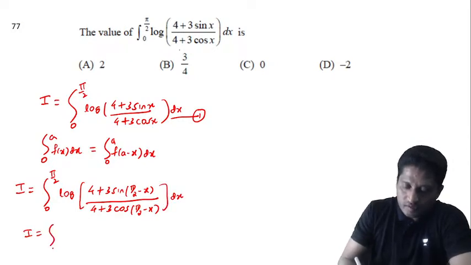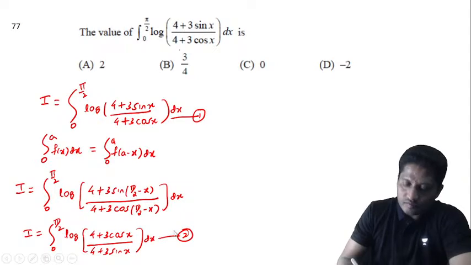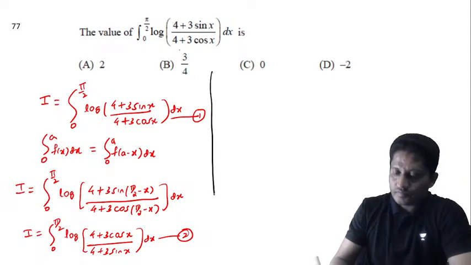I is equal to 0 to pi by 2 log of 4 plus 3 times cos x, since sine of pi by 2 minus x is cos x, and cos of pi by 2 minus x will be equal to sin x. You call this equation 2.